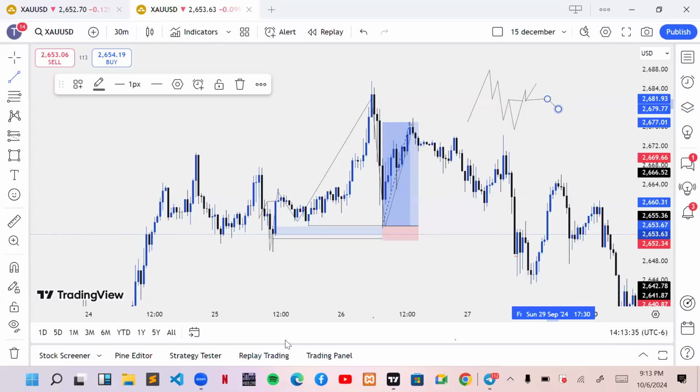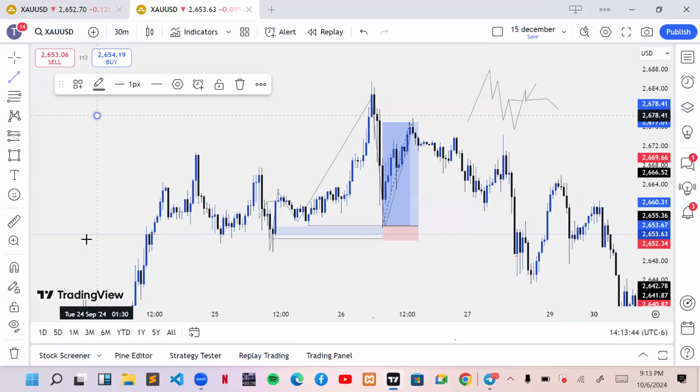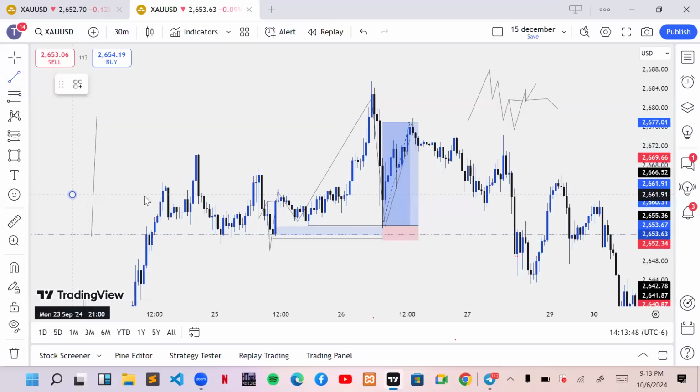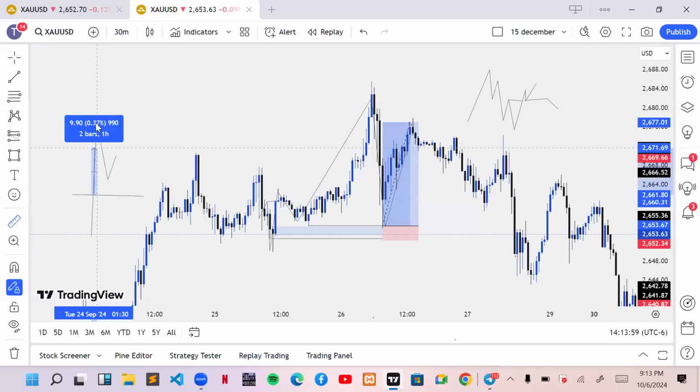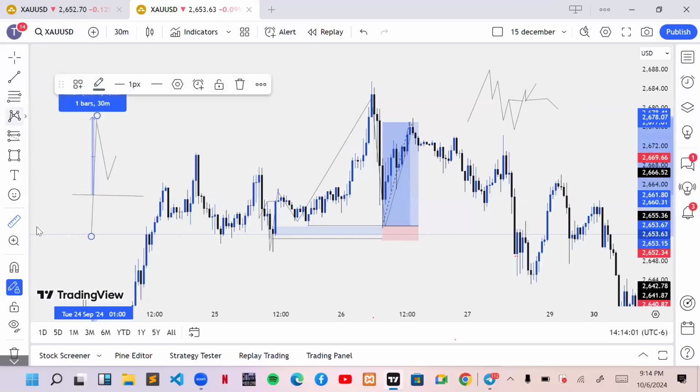What are you going to use to find 50% of the pullback? I think there are measurements here in TradingView. If this is a candle, and this was where the break of structure happened, and then the market makes a pullback here and does this, you use your measuring tool to mark from this zone to here, and mark from this pullback.